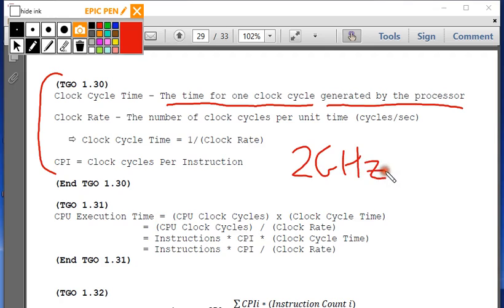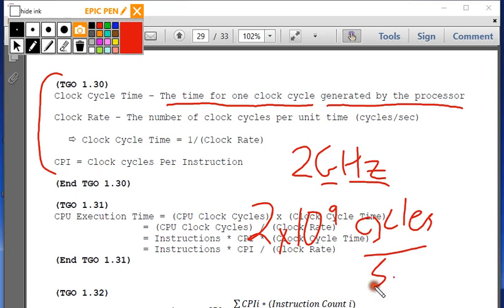What does giga mean? Billion. So you have 2 billion cycles per second, which is 2 times 10 to the 9 cycles per second.